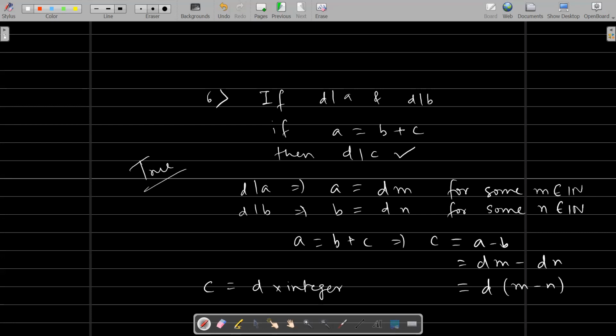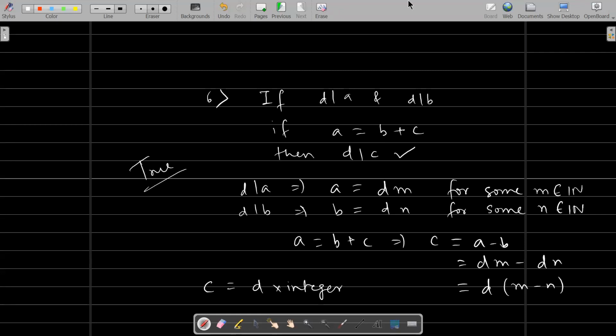Yes, Kian? Sir, could you repeat that? Sir, we can just start with A equal to B plus C, and so we can say that C is A minus B. Then we need to prove that D divides A minus B, and we already know that from the earlier property, if D divides A and D divides B. If we want to use those earlier properties, we can say it directly.